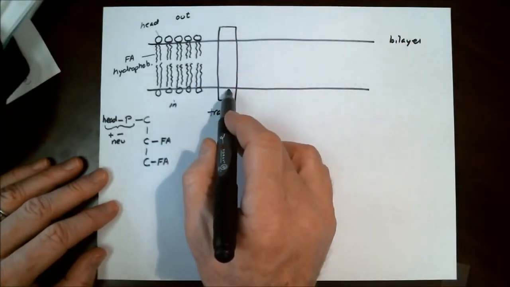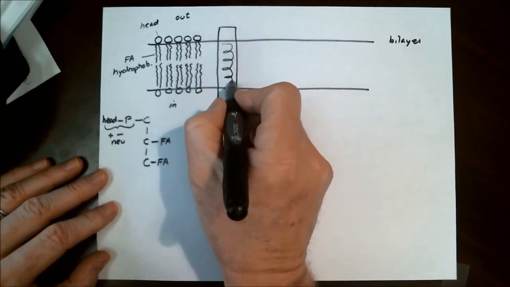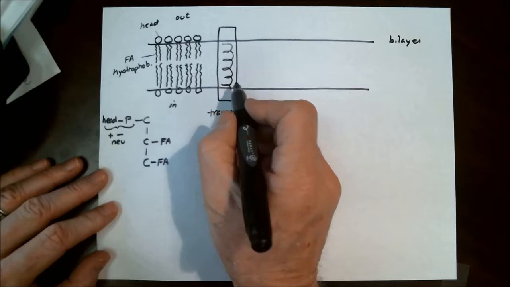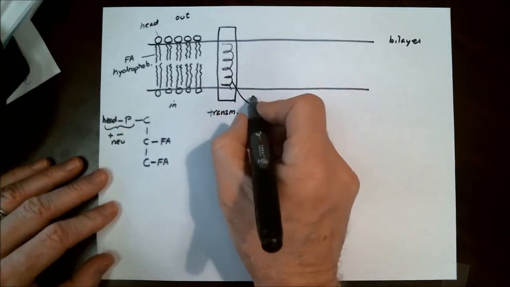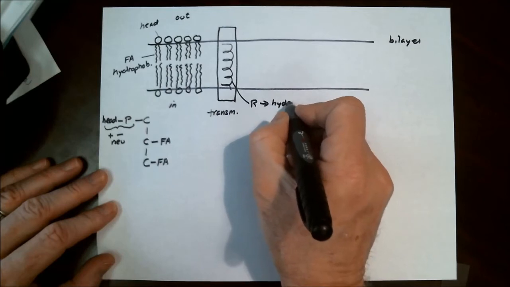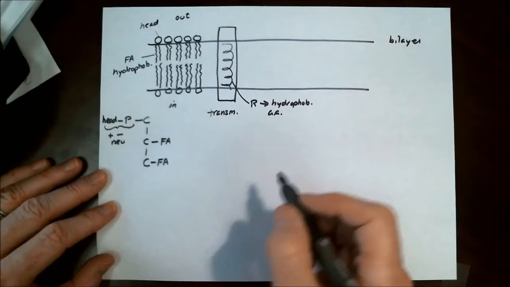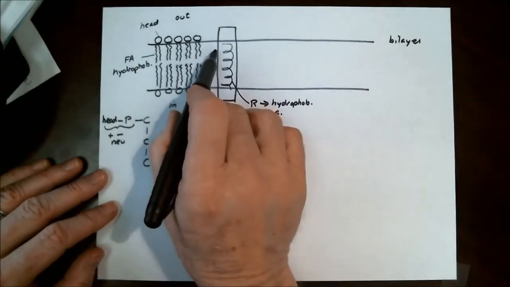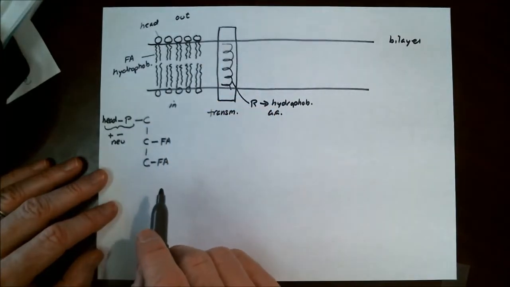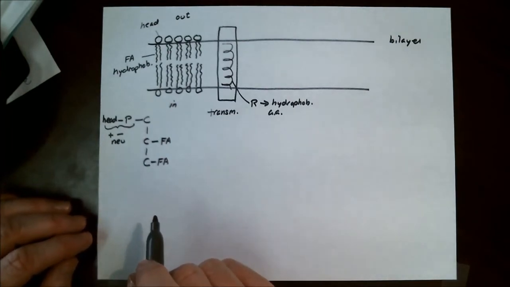The transmembrane portion of the protein tends to be an alpha helical structure, and you can predict that the R groups are going to be hydrophobic amino acids in order to remain properly bonded inside the hydrophobic tails of the phospholipids.